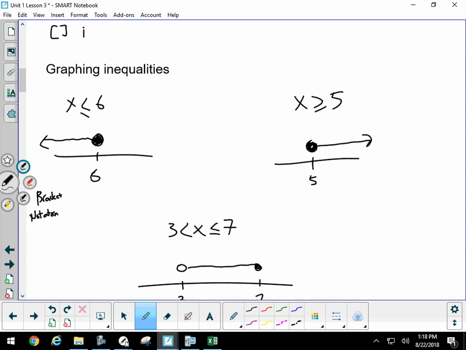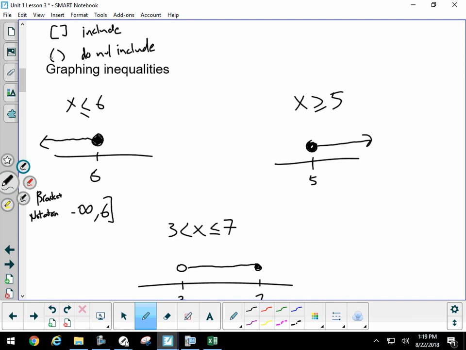Squared off brackets means include. Round brackets mean do not include. So all of my values for x will include 6. That's my biggest number, so I have the right bracket here. And I'm going to include all values all the way to negative infinity.